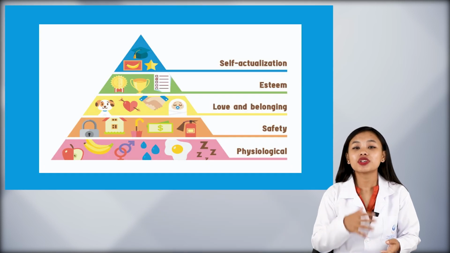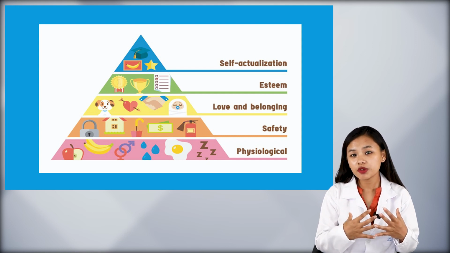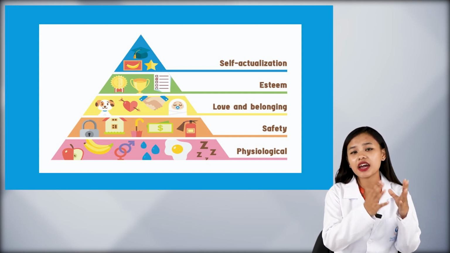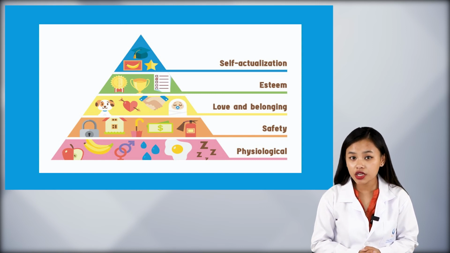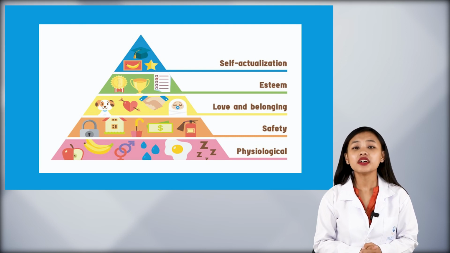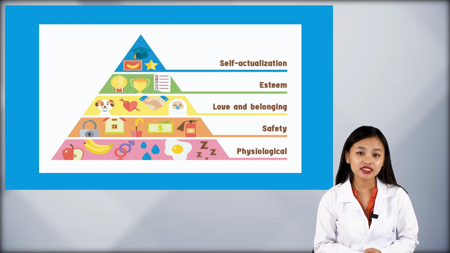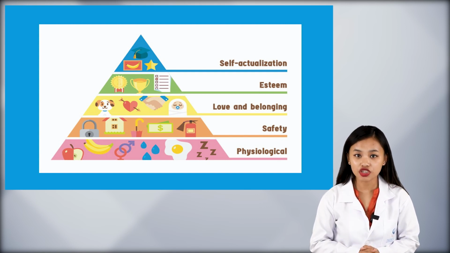In order to give a brief explanation about why people have particular needs at a particular time, he developed this hierarchy, which is in a pyramid shape, and he further classified this pyramid into 5 stages.